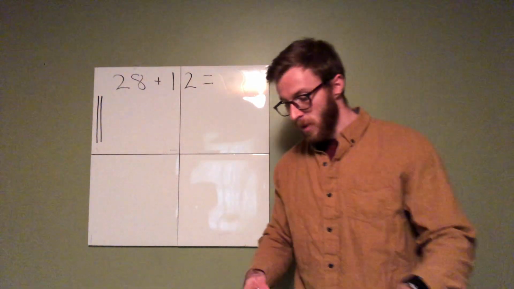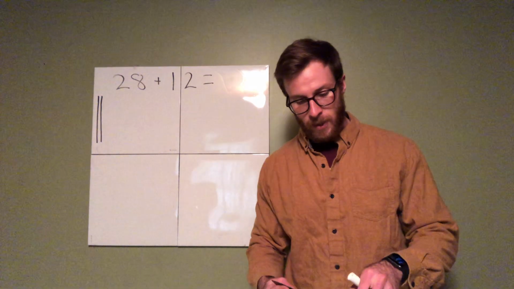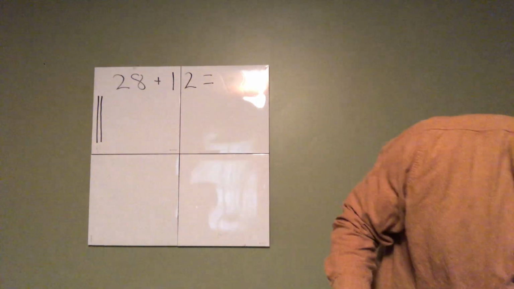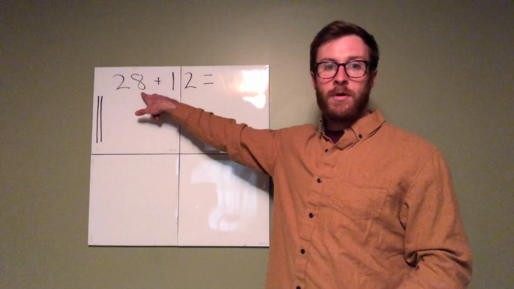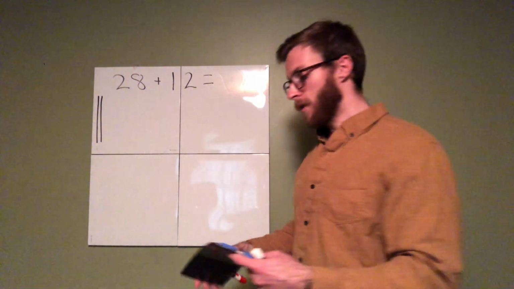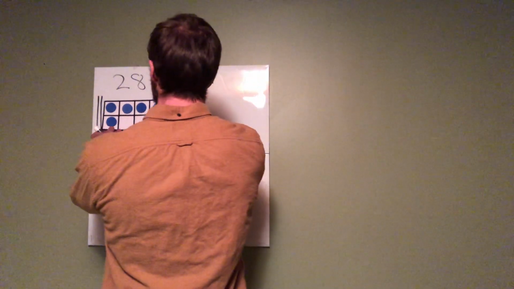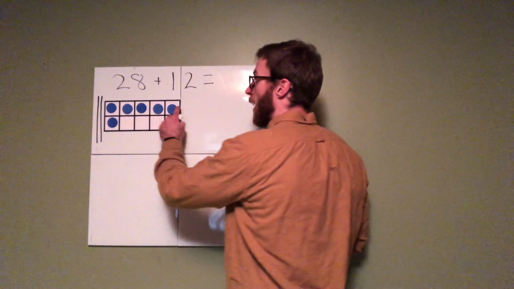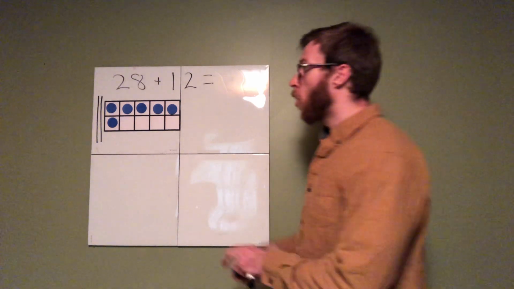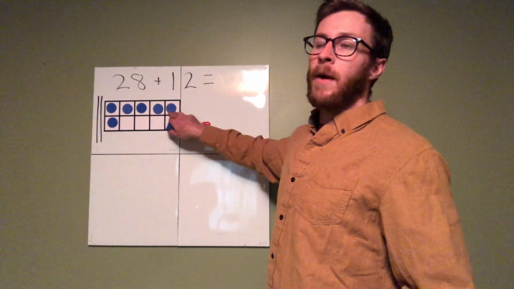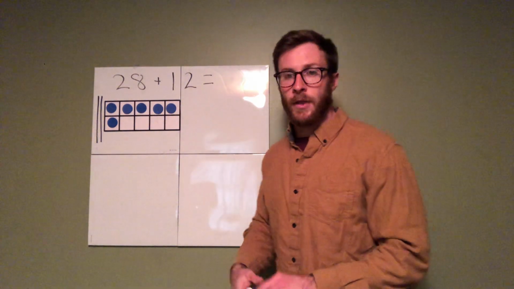Now, I'm going to get my nifty magnetic 10 frame. Give me a second. And how many 1s do I need to show? 8. So I have 5 on the top, and then I need to add a couple more up here. We always put 5 on the top. We got to remember this because I've seen in some of our work that you guys show me.